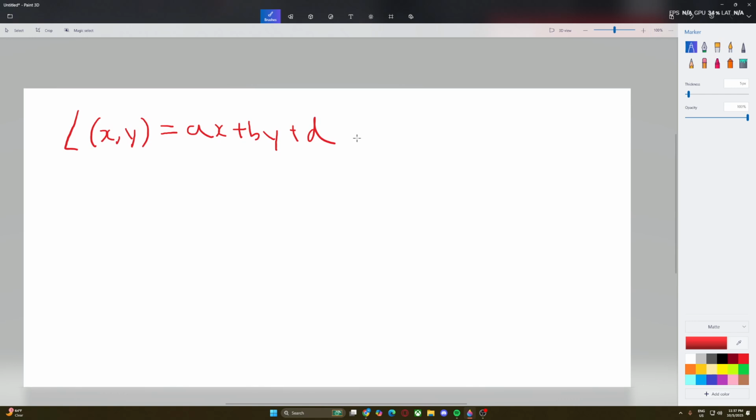Anyways, so we're going to show you linear approximation, and thereby f of x, y is approximately L of x, y. I'm not writing the whole equation again.